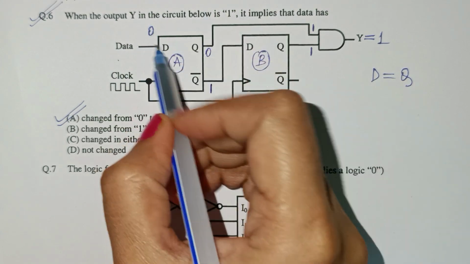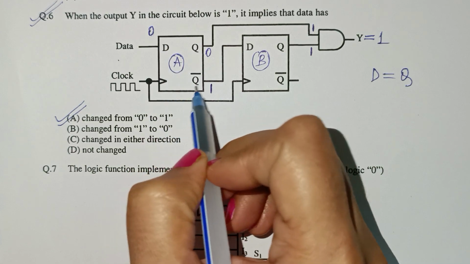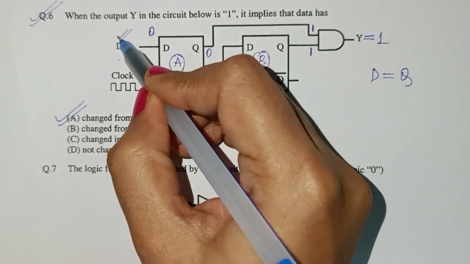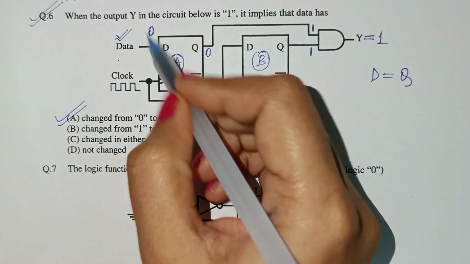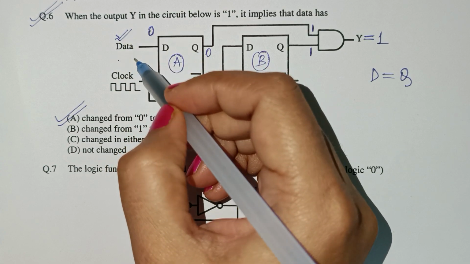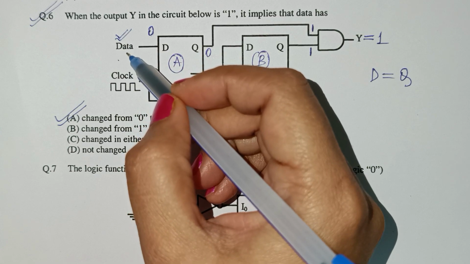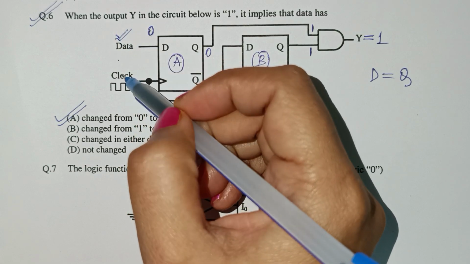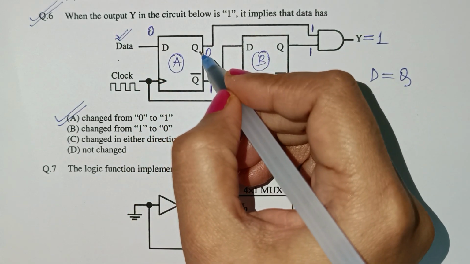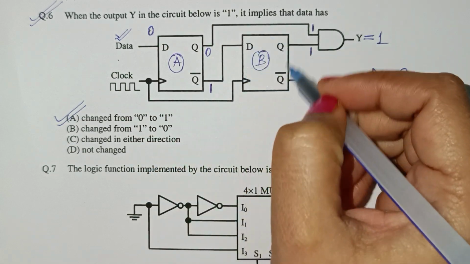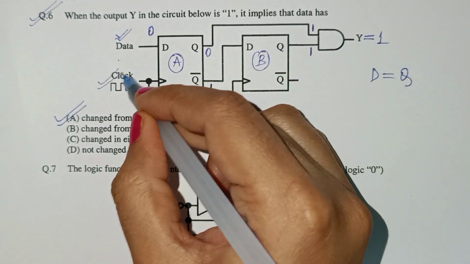But this flip flop only depends on the data. Whenever the data is changed from 0 to 1 or 1 to 0, the output is also changed. But this will be working because of the clock pulse.